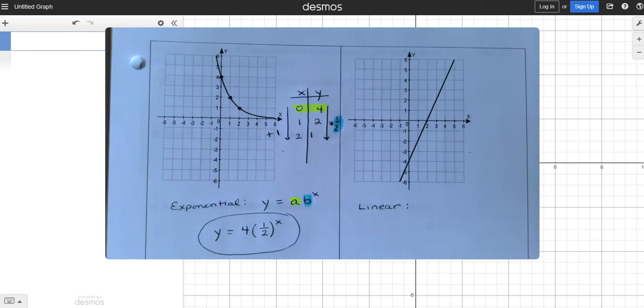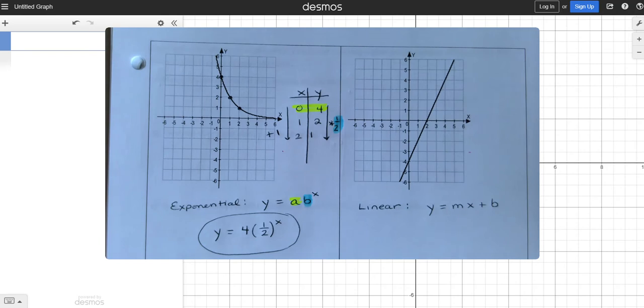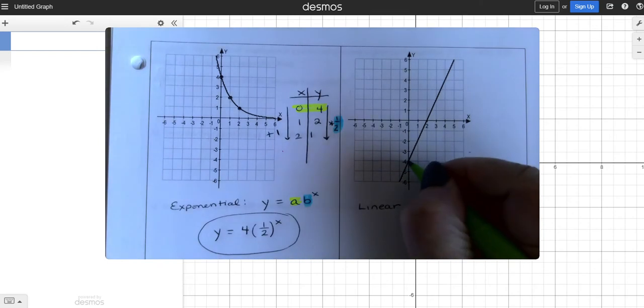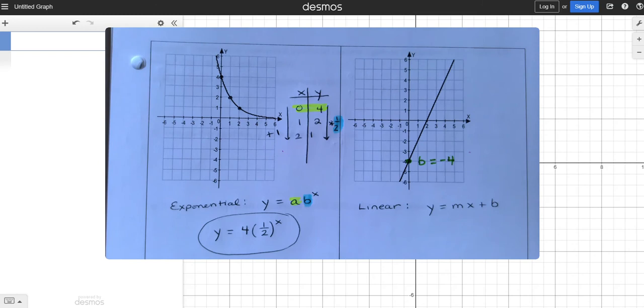All right, and the last one pretty clearly is linear. You absolutely can make a table of values here, but you may not need to. Right, we know definitely y equals mx plus b. And we can see the b value as the y-intercept, -4. And then we can calculate the slope by using our old rise over run.